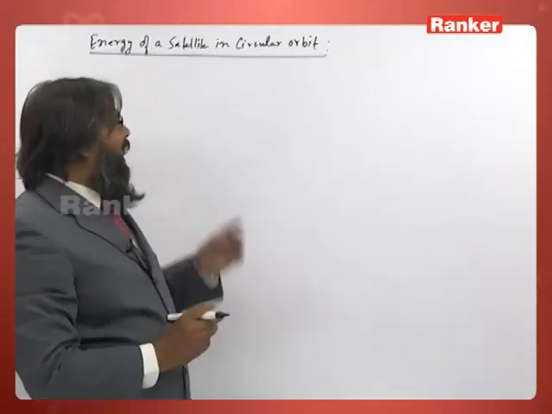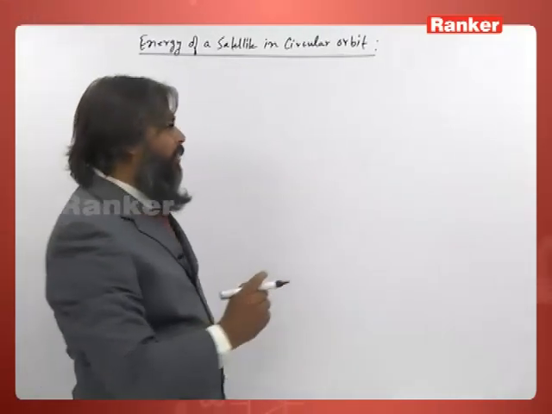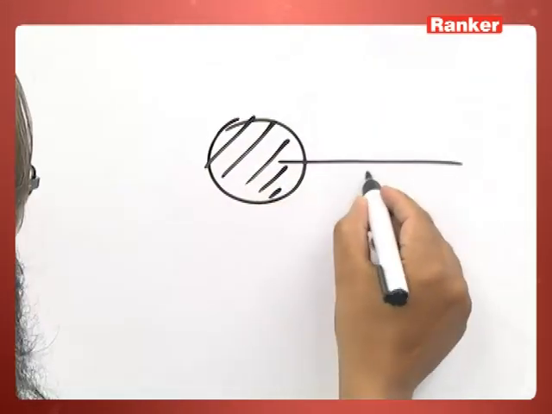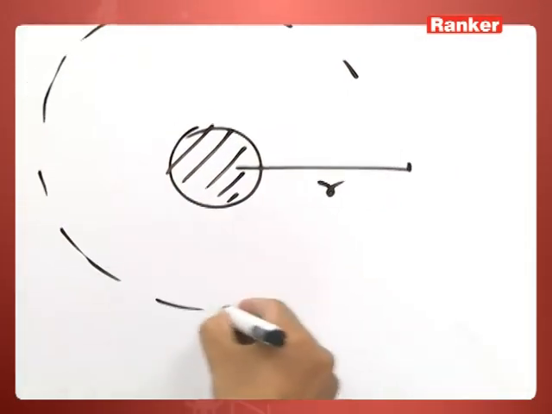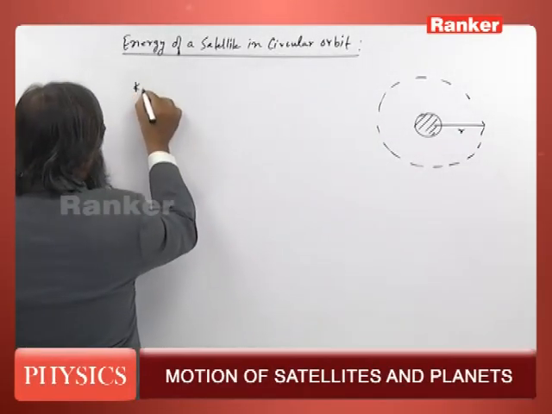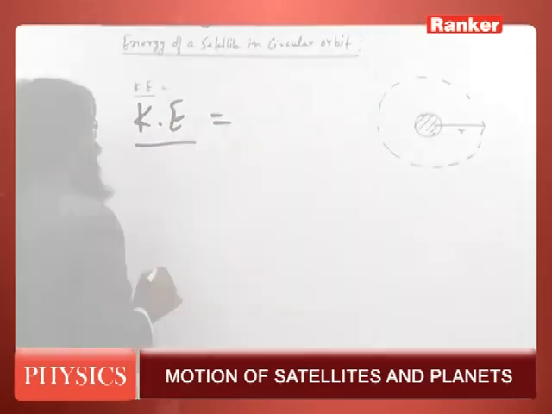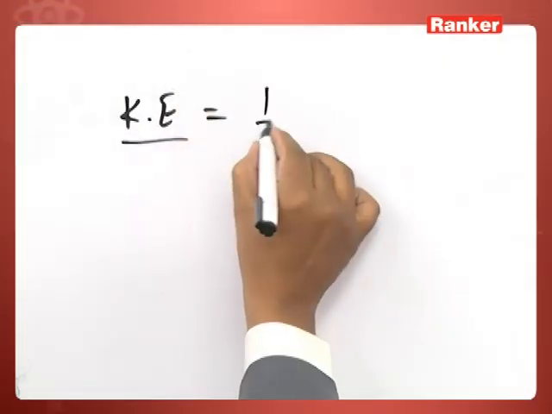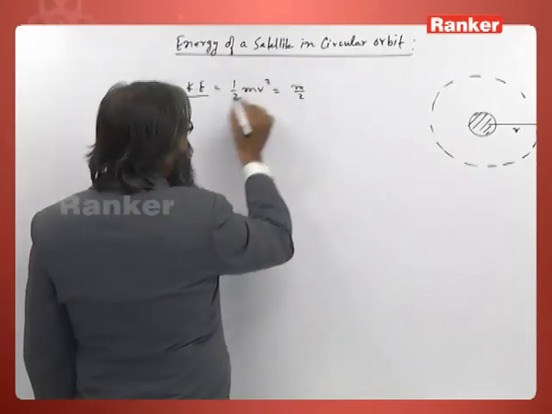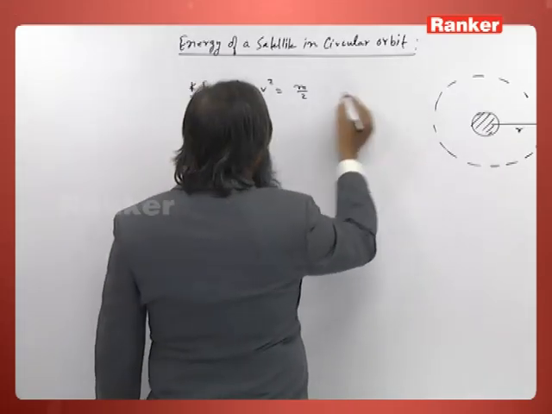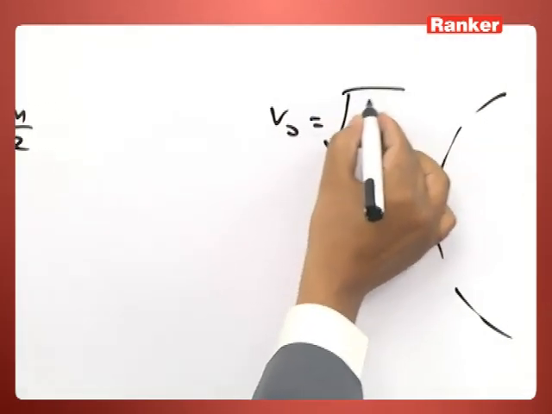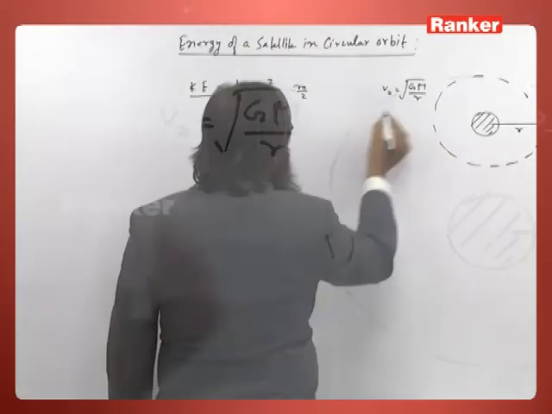Now, let us study the energy of a satellite in its circular orbit. So, this is earth and at a distance r we have a circular orbit. Let us first calculate kinetic energy. The kinetic energy is given as half m v square, and we have already seen that the orbital velocity v naught is root over G M by r.